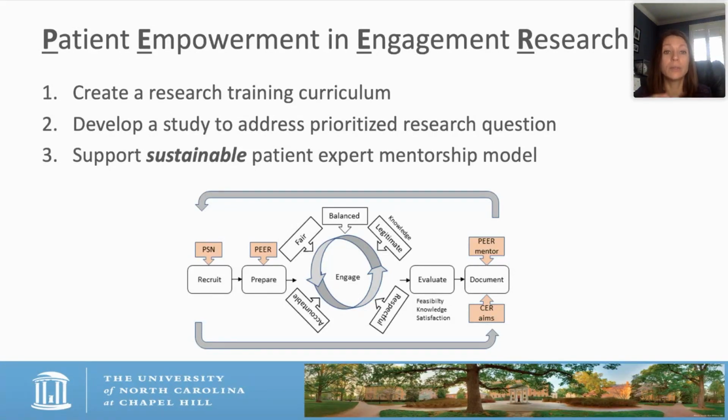If you don't have PCORI at your disposal, have an industry sponsor some of this, because what they get out of it is that they also get the patient voice when they're trying to understand how to study their own drugs and how to market them. So I think that you can use this and ask for funding in that way if that is an avenue for you. So just think creatively about how to get that funding and keep it sustainable.